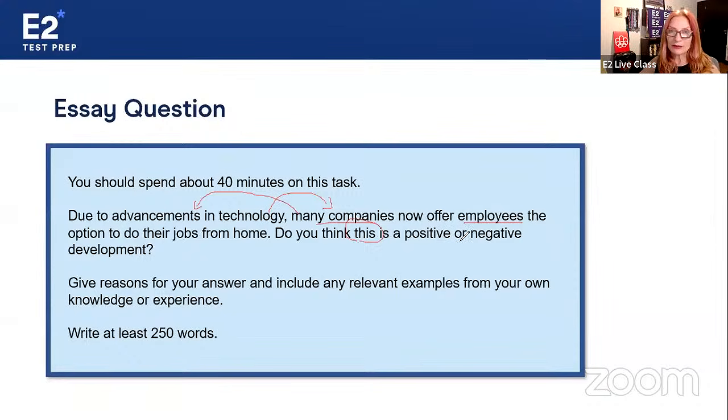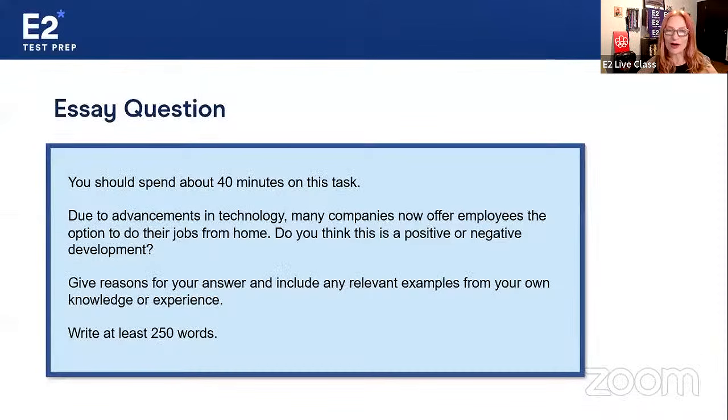So when we see the word positive or negative, the or, what does the or tell us here? To choose one. Excellent. We have to choose one, either positive or negative. Lovely. So let's move on.